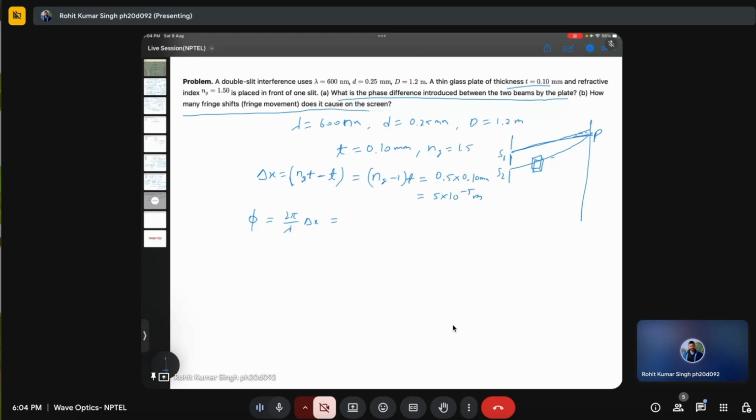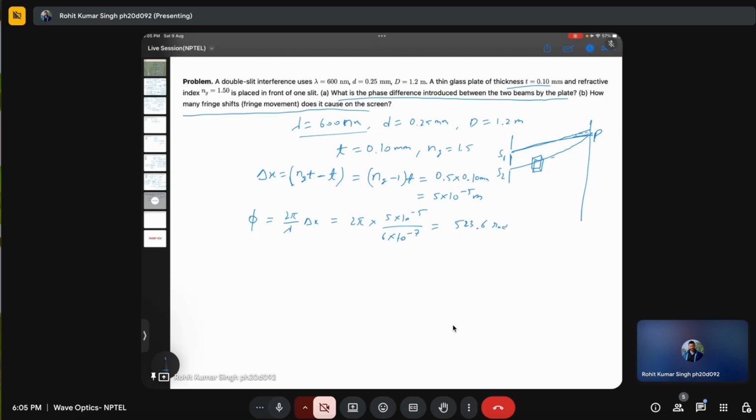The wavelength is given, 600 nanometer, so 6 into 10 to the power minus 7 meters. If you put everything in and calculate roughly, you will get 523.6 radians.